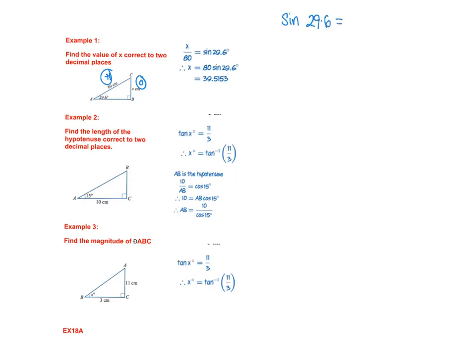So sine is opposite over hypotenuse, and you can use the solve function so you don't have to worry about moving it around. That can make it easier. You will probably never get minutes in trigonometry further on. You'll just get degrees and maybe a decimal point, so you don't need to worry about that.